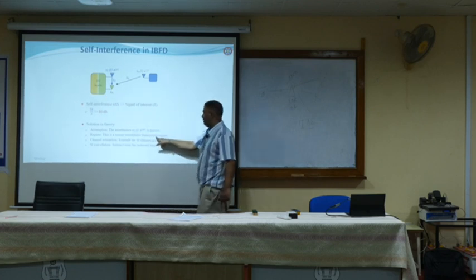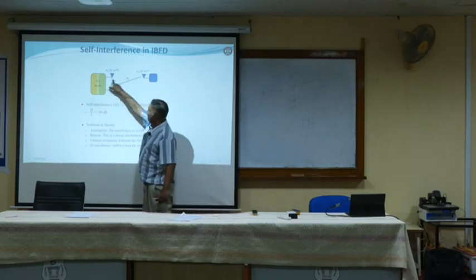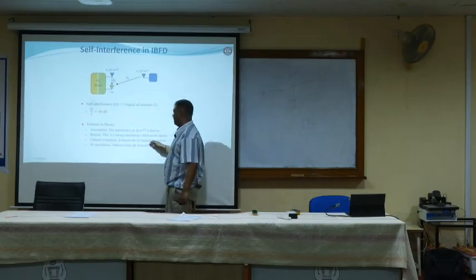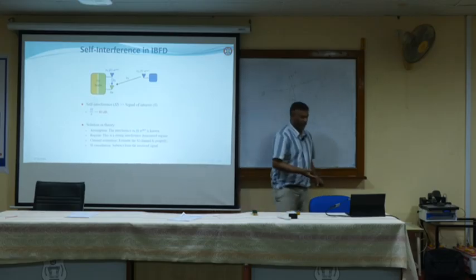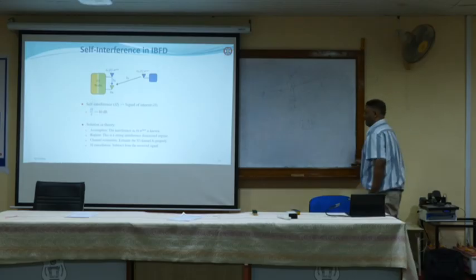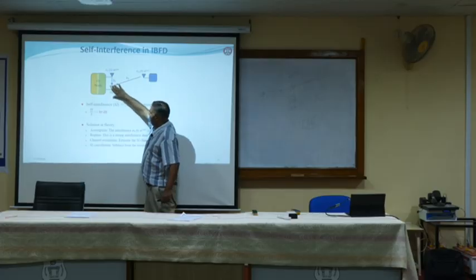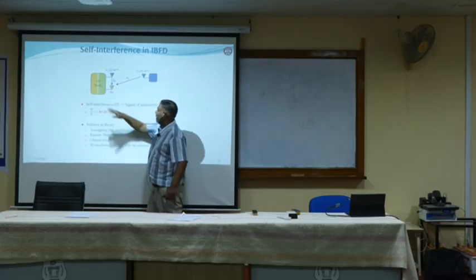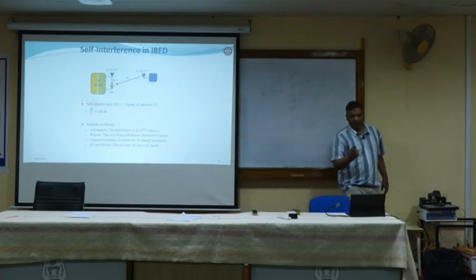In the strong interference dominated regime, if we can estimate this channel, we can subtract it from the received signal. That is the intuitive solution, but that is not going to work. I will show you in a minute, because the strong self-interference will saturate the receiver and the receiver is unable to receive the desired signal.